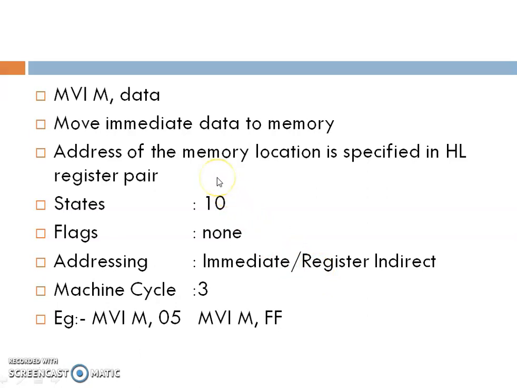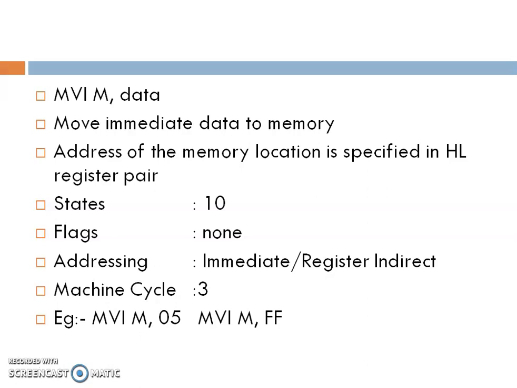In this case, the number of machine cycles involved is 3, and it is a 2-byte instruction. Which are the machine cycles? First one, opcode fetch. Second one, the data is to be read from that particular memory location, which is the memory read machine cycle.